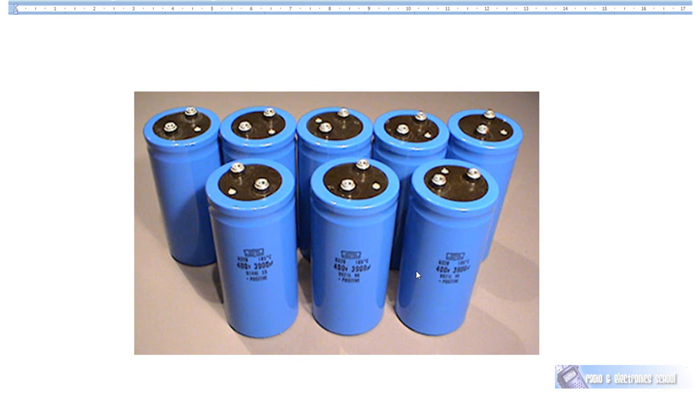The disadvantage is they're polarized, but the advantage of electrolytic capacitors is that you can get a great deal of capacitance into a relatively small package size.